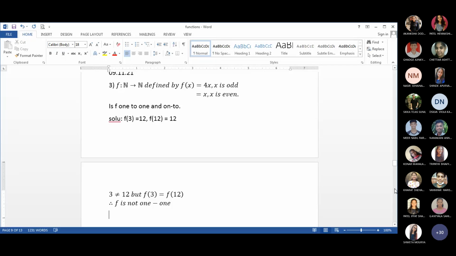Correct? Again I repeat, no one will ask you from your exam point of view. अगर multiple choice है तो कोई नहीं पूछेगा, like if this is the question, उसमें options दिया है 1 to 1, onto, not 1 to 1, not onto. ऐसा assume करो ये 4 option है and you select not 1 to 1. तो fine, no one will ask you क्यों नहीं है करके.